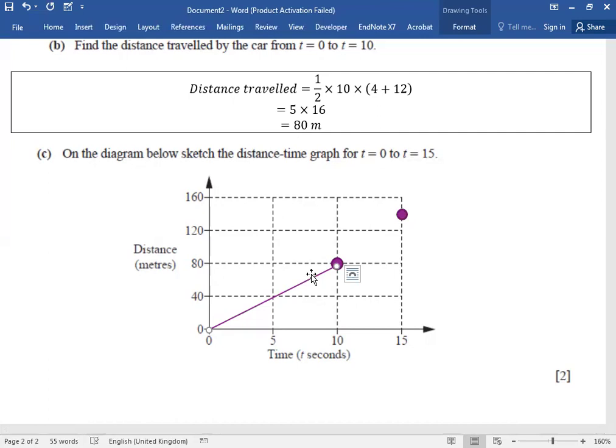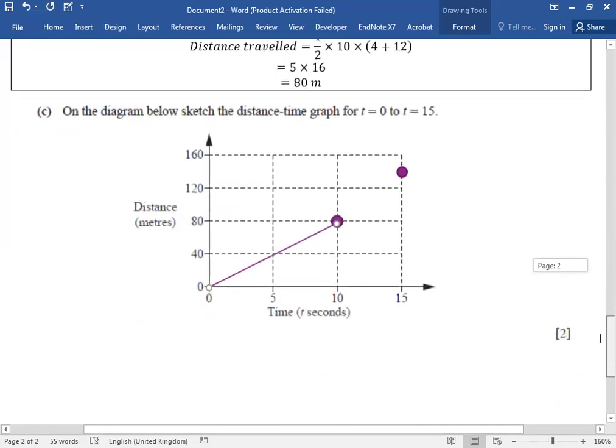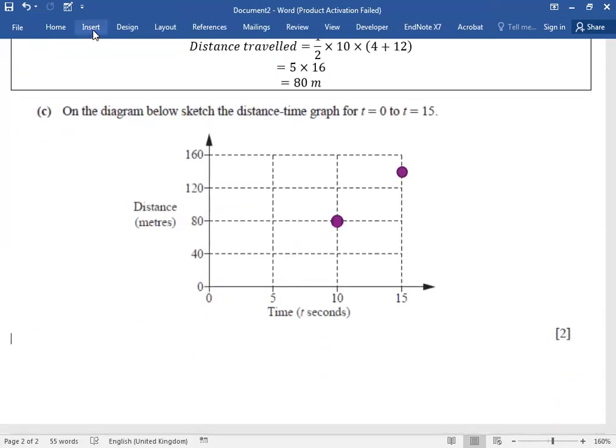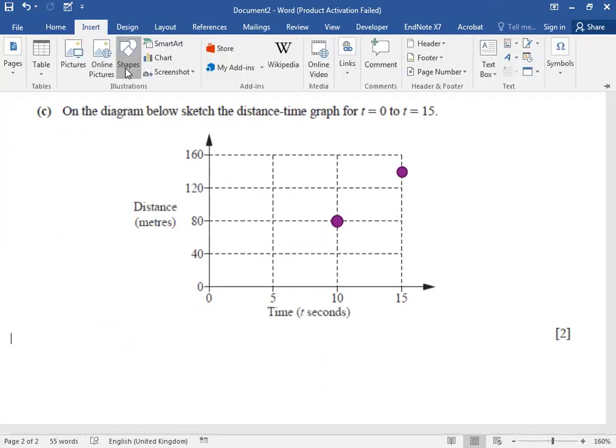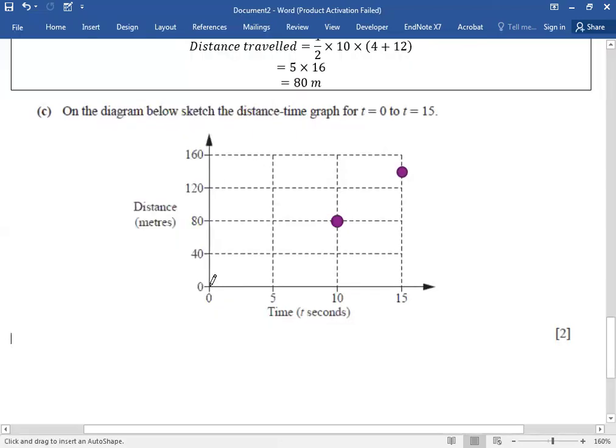Speed. क्या 0 से 10 तक speed constant थी? नहीं, the speed is increasing. Speed started from 4 and it went to 12. That means that the slope of this graph must be increasing. Curve होना चाहिए. It must not be a straight line. Is that right? अब किस तरह का कर्व होना है?